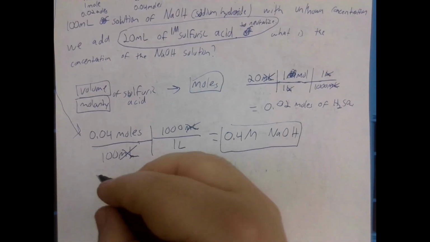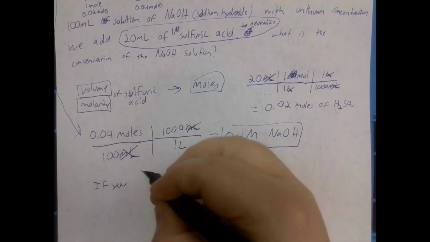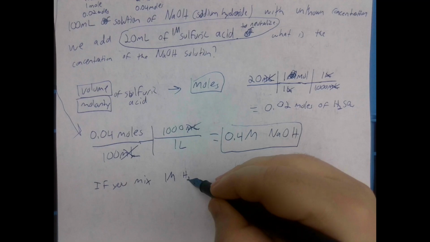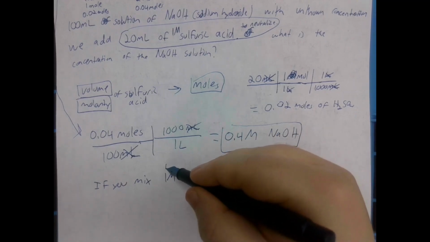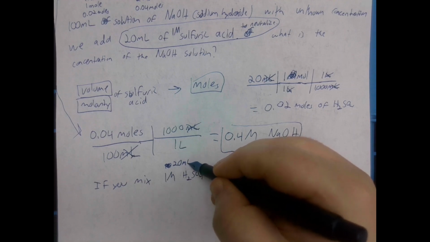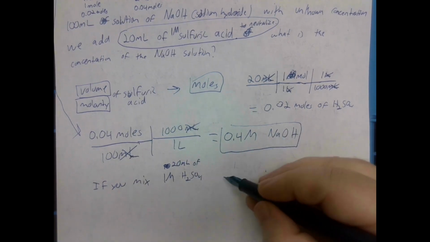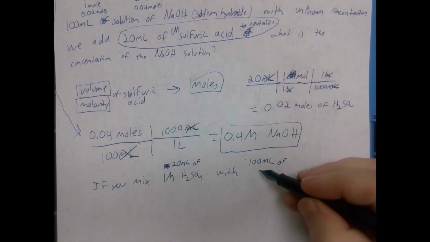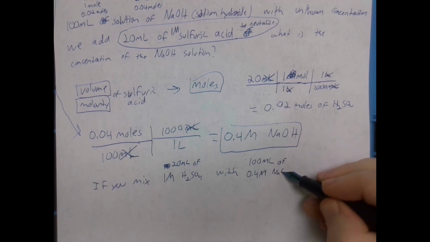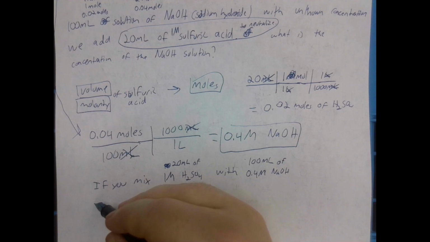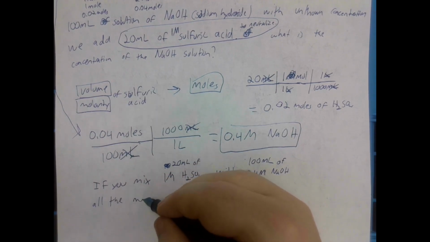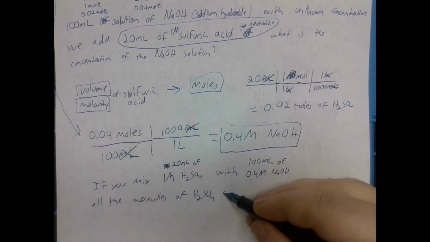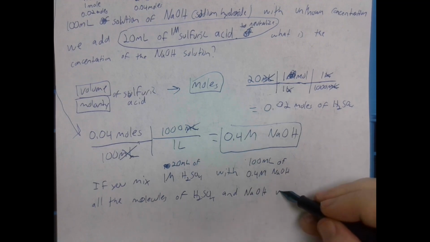So, in other words, if you mix 20 milliliters of 1 molar sulfuric acid with 100 milliliters of 0.4 molar NaOH, all the molecules of H2SO4 and NaOH will react with each other.